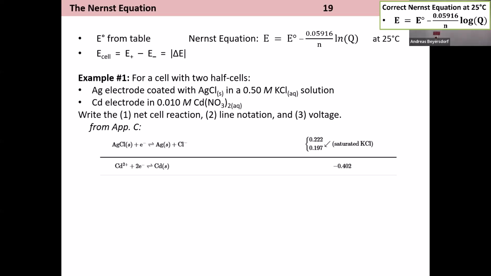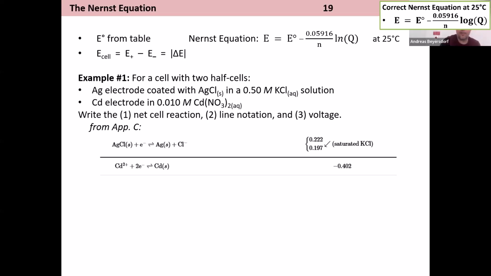So for this, we have that it is 0.222. That's its standard reduction potential. And for cadmium, it's negative 0.402. So which one of these is going to be reduced? AgCl. Why?